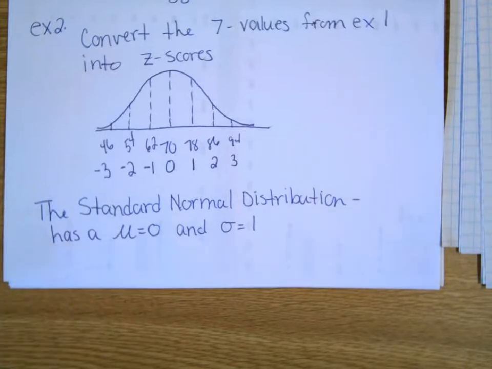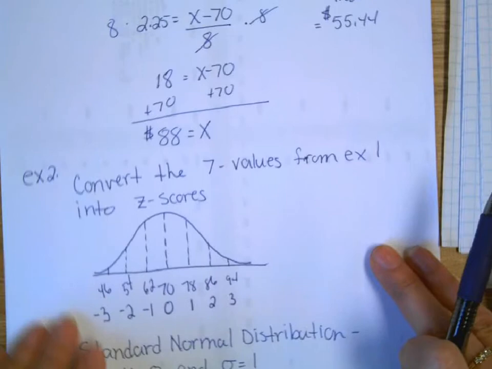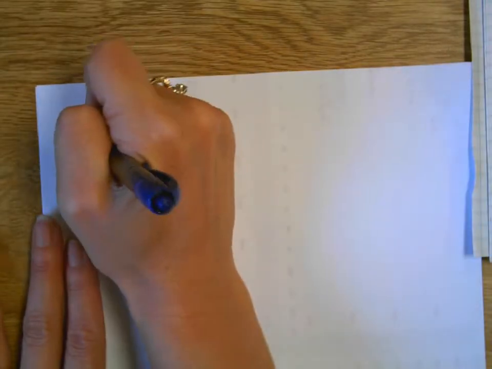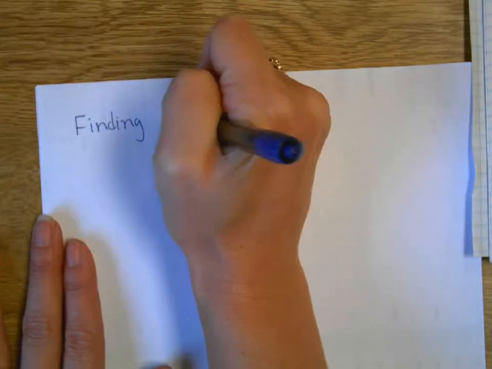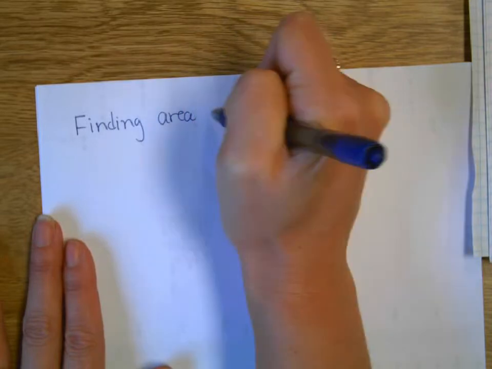Okay, the last thing we're doing today is we're going to be finding areas on the standard normal, and we're going to do it two ways, with a table and with a calculator. Like I said, the whole semester we're going back and forth between by-hand stuff and calculator stuff. Okay, put that to the side. Finding area.